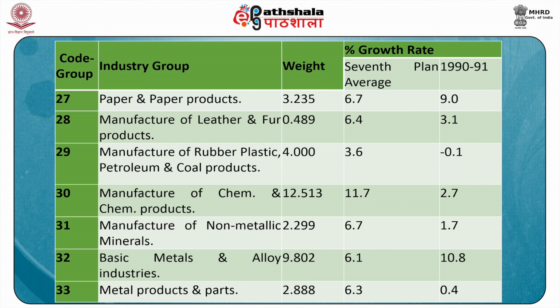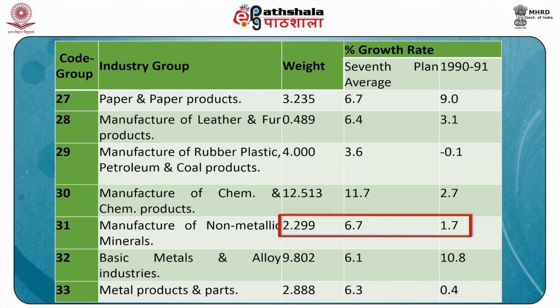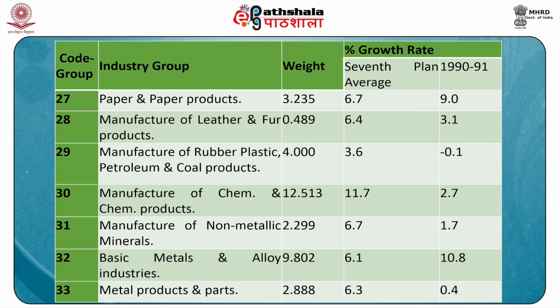It weighted 2.299 with a growth rate of 6.7% in the 7th 5-year plan and 1.7% in 1990-91. Next, metal products and parts. Its weight was 2.888 with a growth rate of 6.3% in the 7th 5-year plan and 0.4% in 1990-91.